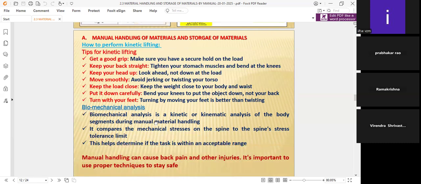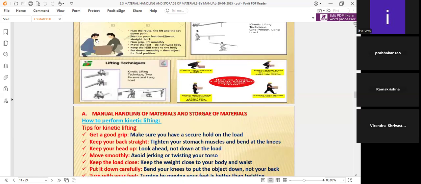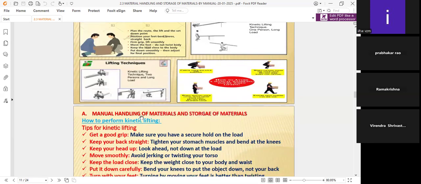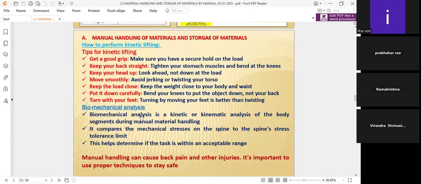Biomechanical analysis is also one of the tips for kinetic lifting. Biomechanical analysis is a kinetic or kinematic analysis of the body segments during manual material handling. The body will be strained if you are not maintaining the instructions, or if the postures of the body are not good. Definitely one of the organs of the body will be strained.